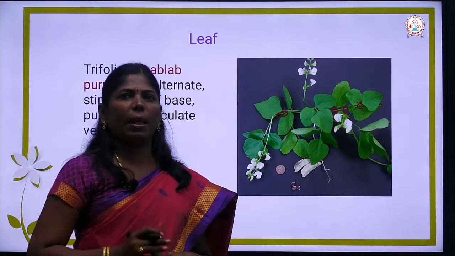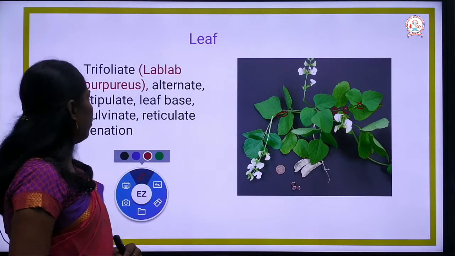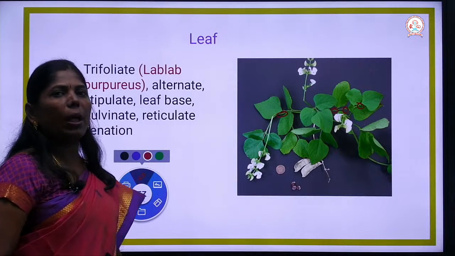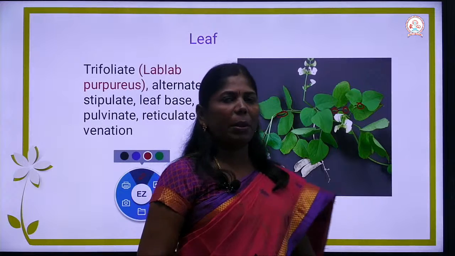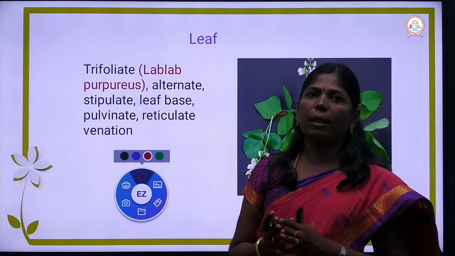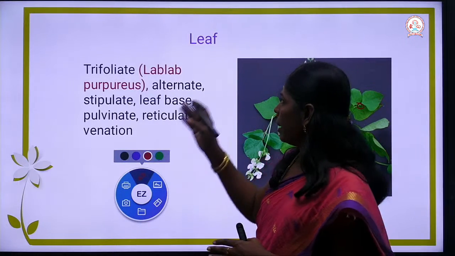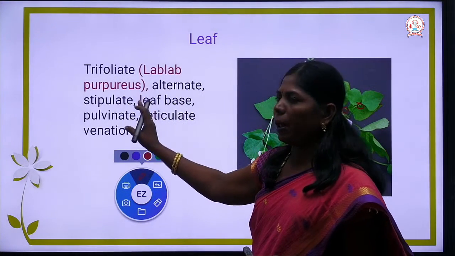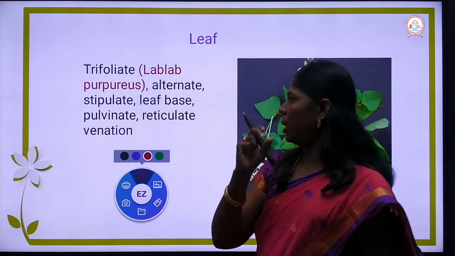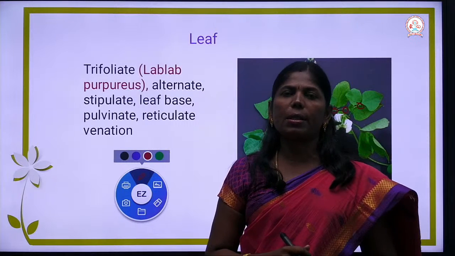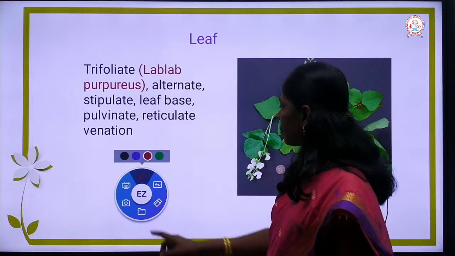That is trifoliate, alternate, stipulate, pulvinate leaf base and reticulate venation. These are the characters of a Fabaceae leaf. கொஞ்சம் வீக்கமா இருக்கும், அதுதான் pulvinate nu சொல்லுவோம். This is the main character of the leaf in Fabaceae.